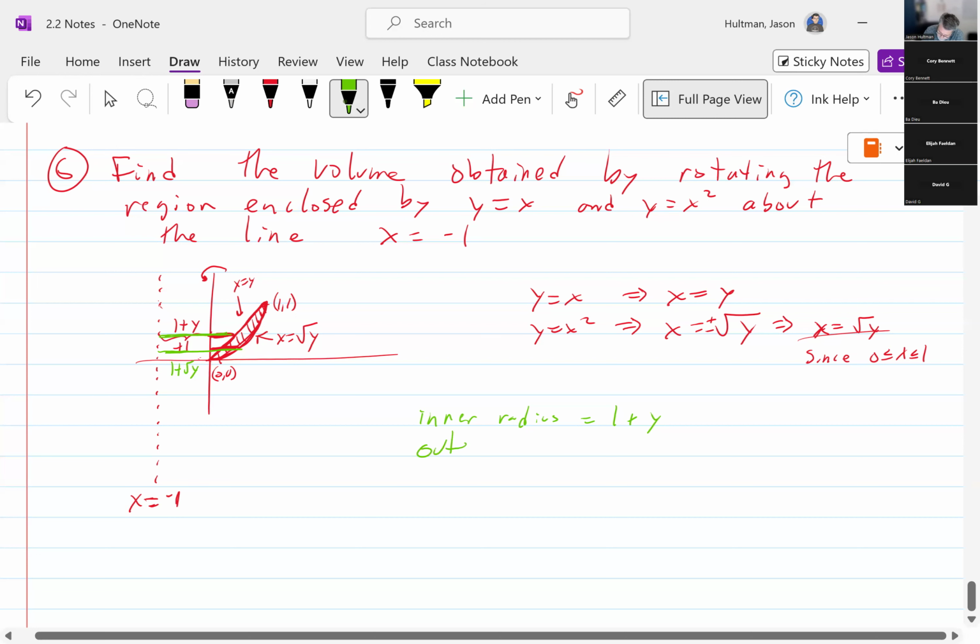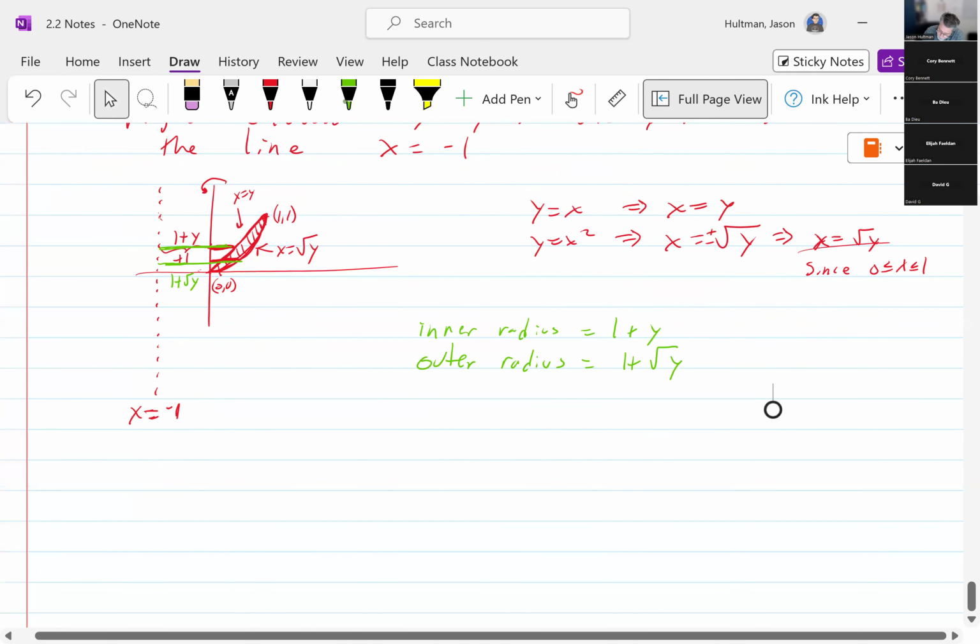That's the outer radius. So we're creating a washer, we're just increasing the length of the radius. And we need outer volume minus inner volume.